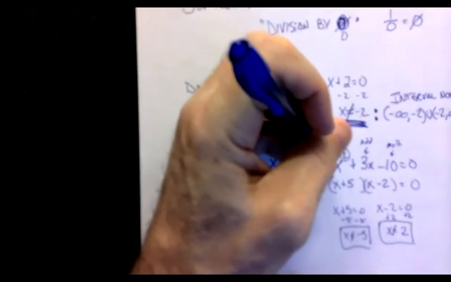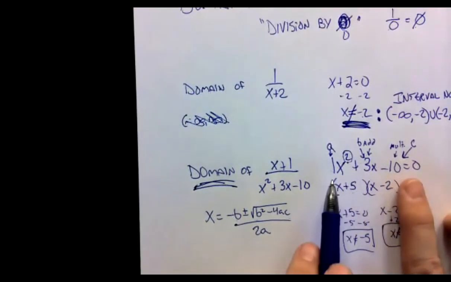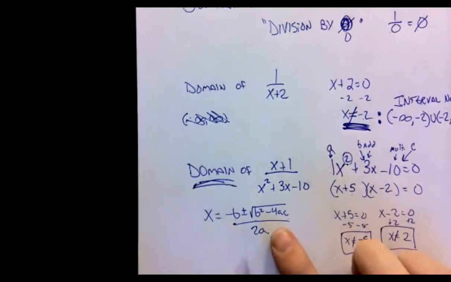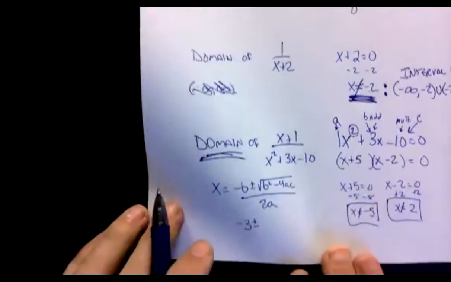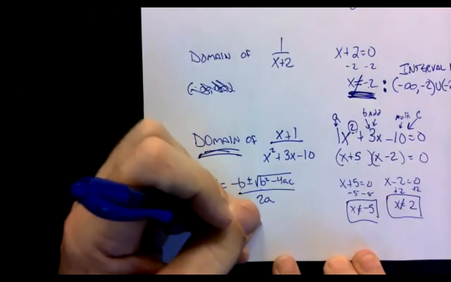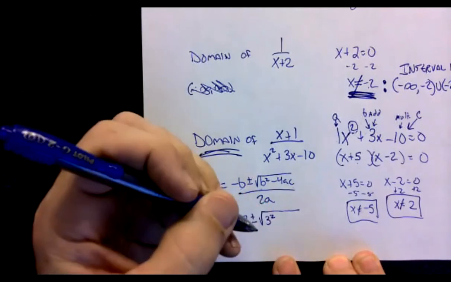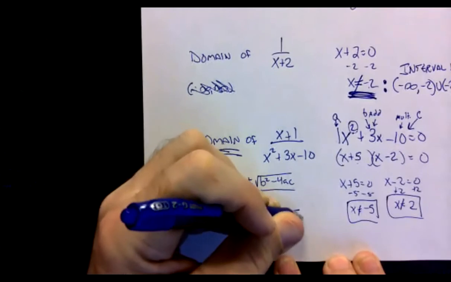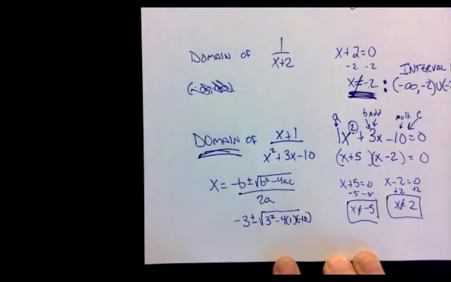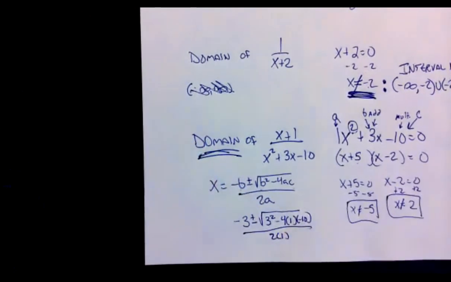This number is your a, this number is your b, this number is your c. So then if we just put those numbers into this formula, we get -3 plus or minus square root 3 squared minus 4 times 1 times -10, all over 2 times 1.